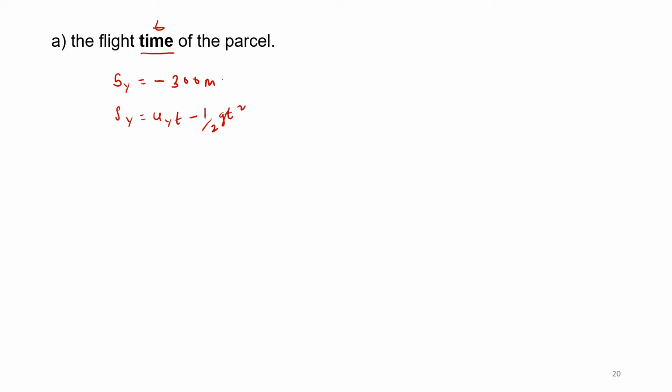Substitute values one by one, Sy negative 300, Uy 0, negative half G 9.81, and then we get T 7.82 second.